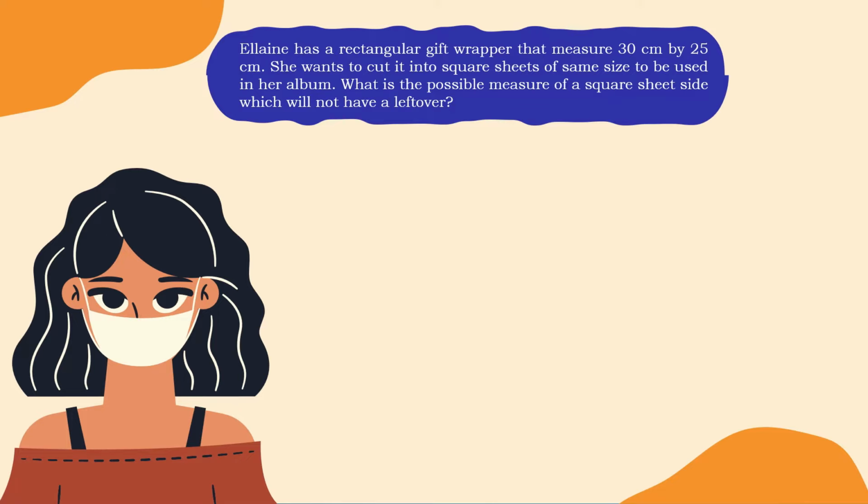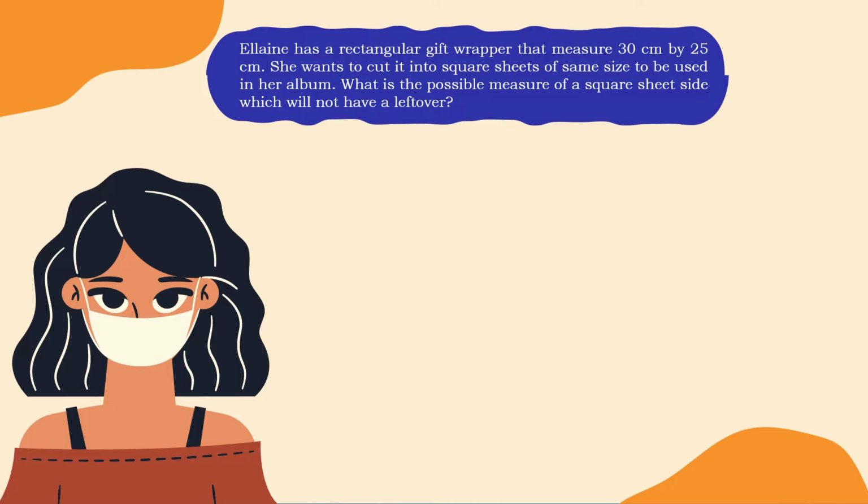Elaine has a rectangular gift wrapper that measures 30 centimeter by 25 centimeter. She wants to cut it into square sheets of small sizes to be used in her album. What is the possible number of a square sheet side which will not have a leftover?